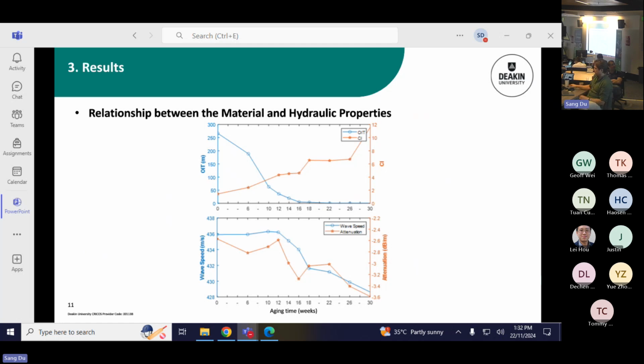And then the bottom shows the wave speed and attenuation for that particular frequency, 1500 hertz. As we can see, up to about 12 weeks, we don't really have much change in both the wave speed and attenuation. But after that, we see a decreasing trend in the wave speed and an increase in the absolute value of the attenuation.